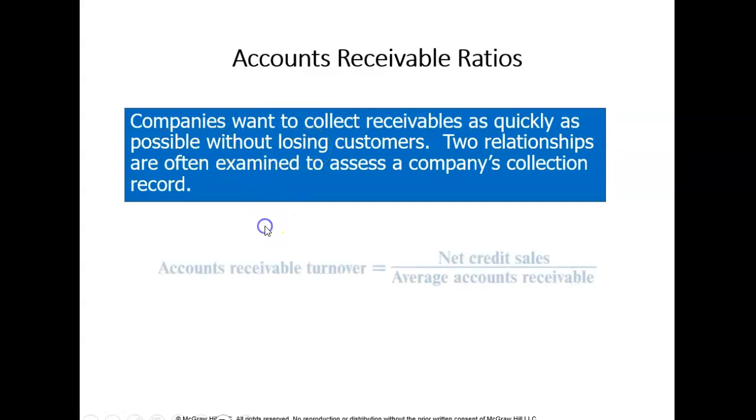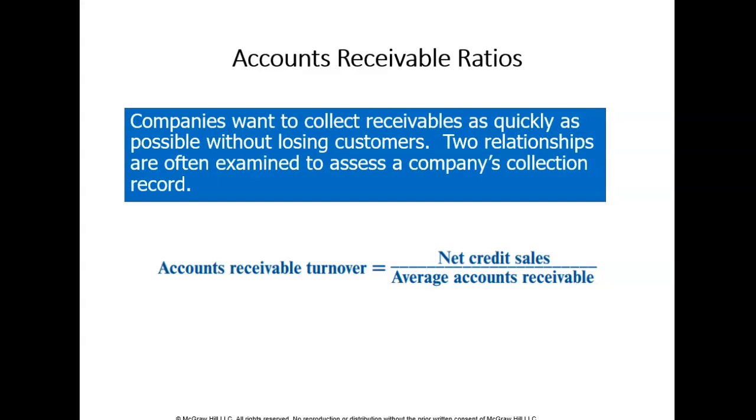So we'll take a look at some ratios that focus on how quickly we are converting the accounts receivable into cash. So our first ratio is called the accounts receivable turnover ratio. With this ratio, we're going to focus on the average amount of time it takes to collect on our receivables.